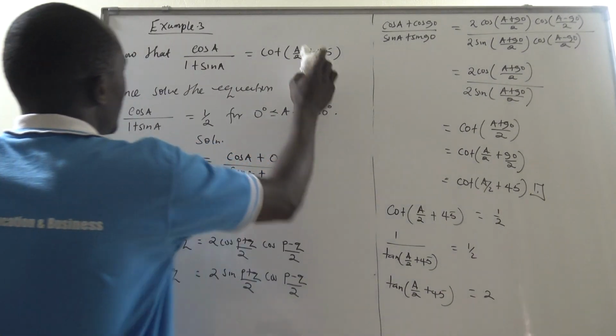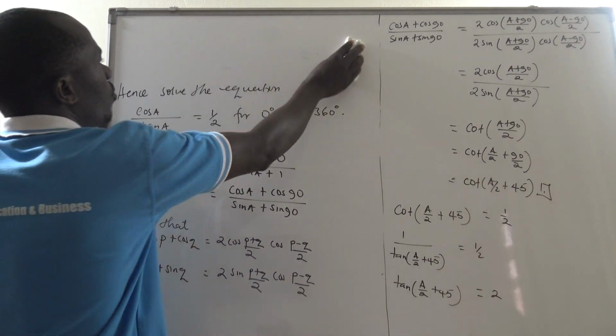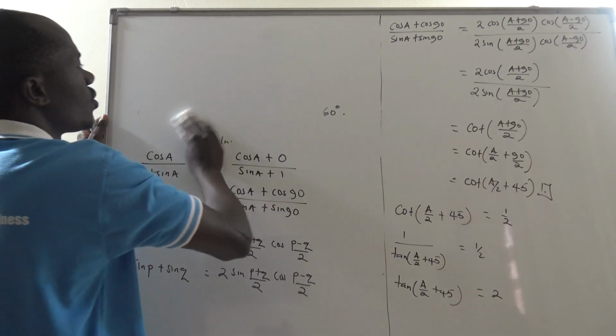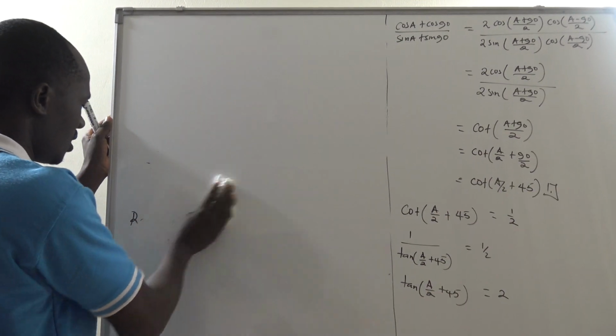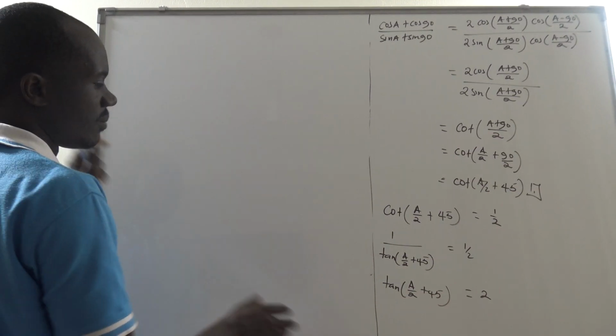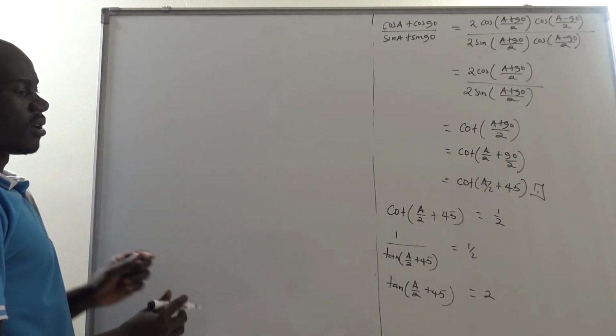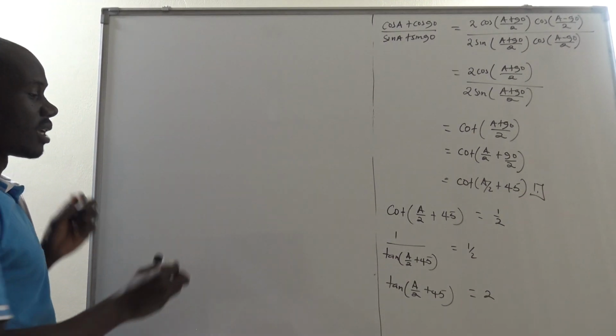So how can I remain with A by 2? By taking tan inverse on both sides, so that at the end we come out with what has been requested. Take tan inverse on both sides so that you remain with an angle.